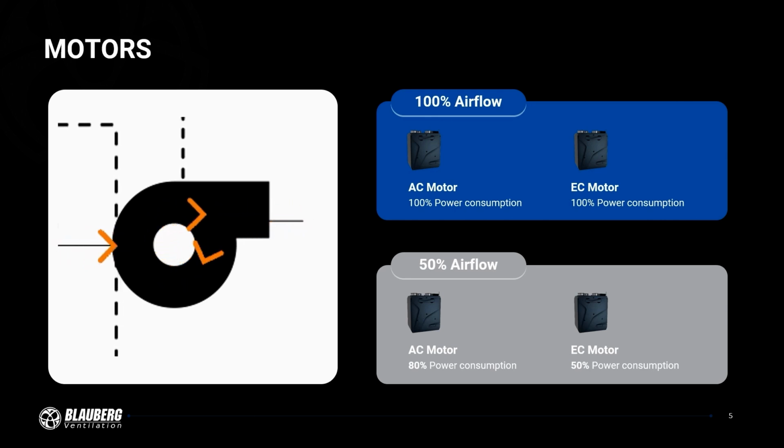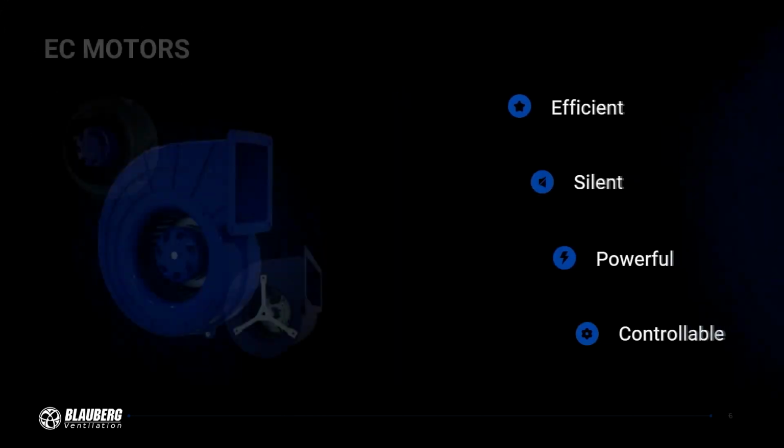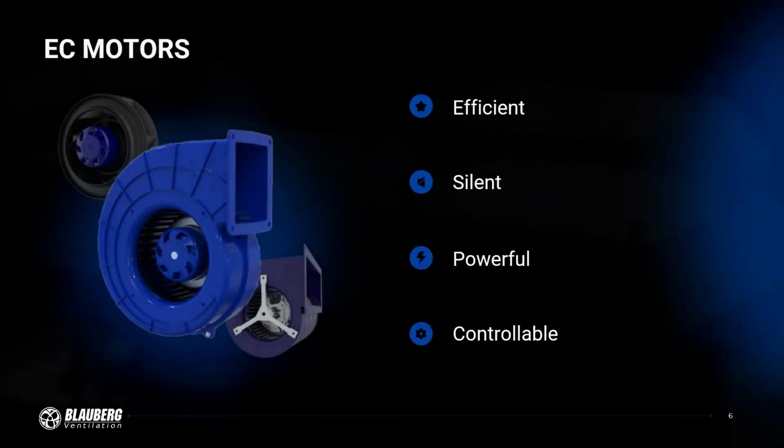Today, the vast majority of AHU manufacturers have transitioned to EC motors. EC motors stand out for their power, efficiency, and lower noise levels. However, their main advantage is the ability to adjust rotation speed smoothly without losing operational efficiency. This enables AHUs to regulate air supply seamlessly based on current demand.